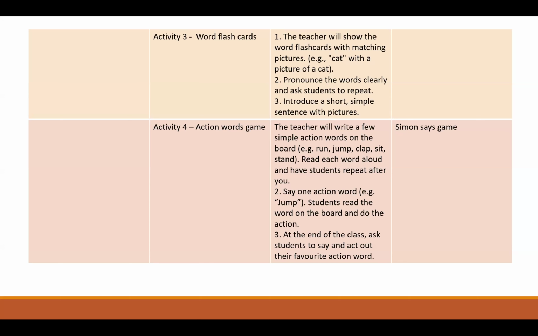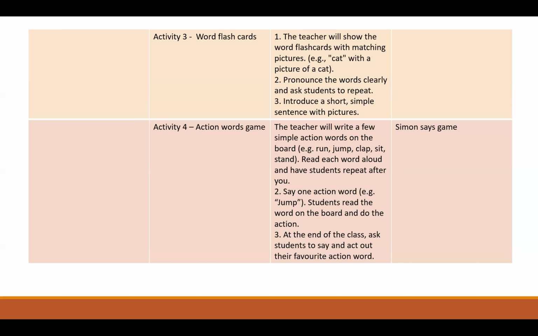The fourth activity, action words game. The teacher will write a few sample action words on the board. Example: run, jump, clap, sit, stand, and read each word aloud and have students repeat after you. After I repeat, they also will repeat following me.